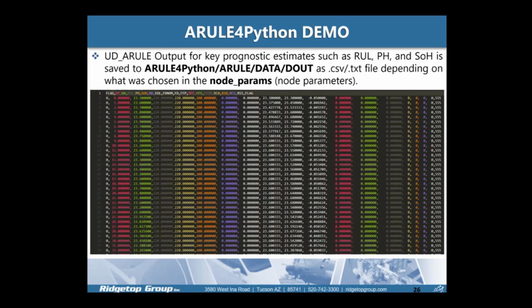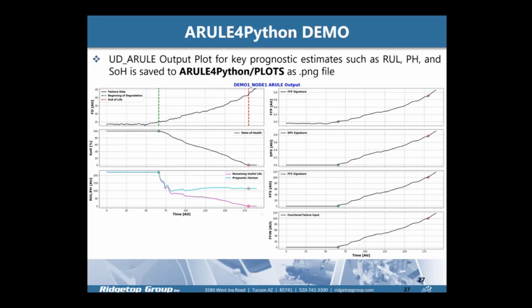This is the same plot as before, but if the user desires, he can set the argument and see this while the program's running, or it's saved to the ARULE Python plots folder as a PNG file by default.